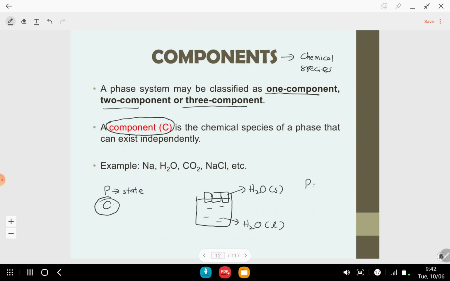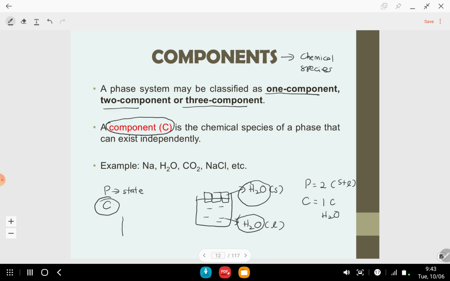Two phases, which are solid and liquid. How many components? A component is the chemical species inside the system. The chemical species here is only water, H2O. So only one component, one C, which is H2O. We need to identify the component here as any chemical species. It can be an element, a compound, or molecules, it depends.